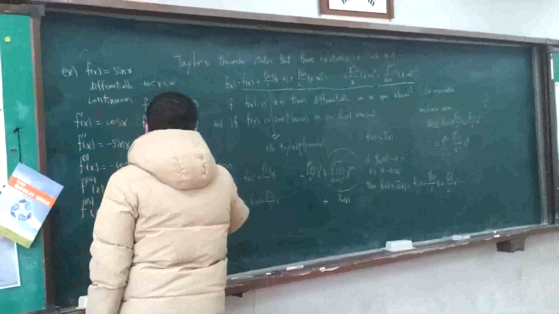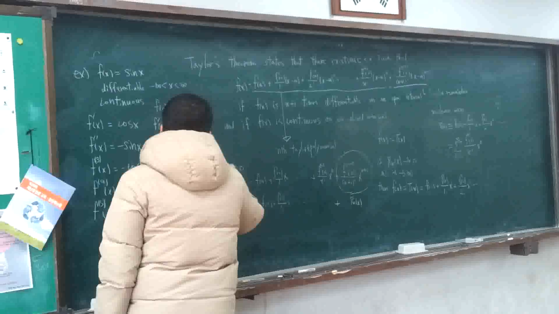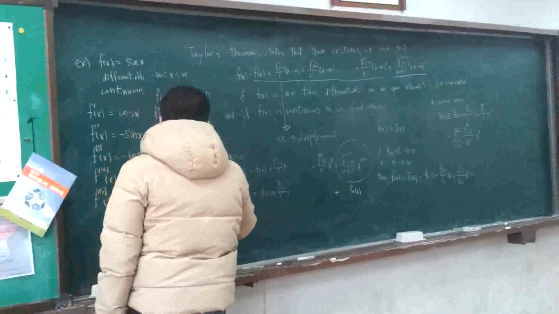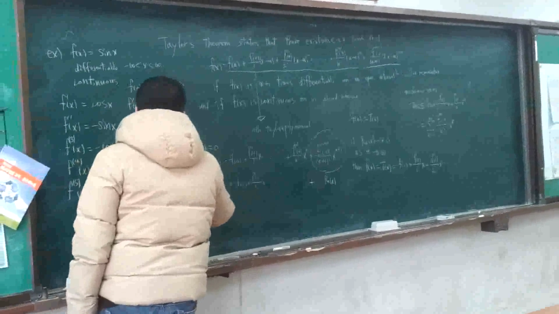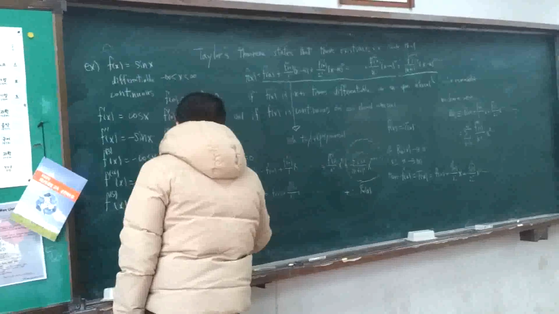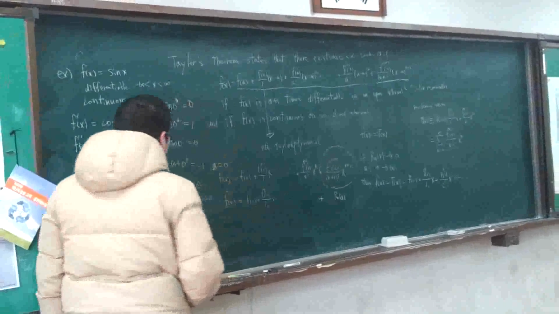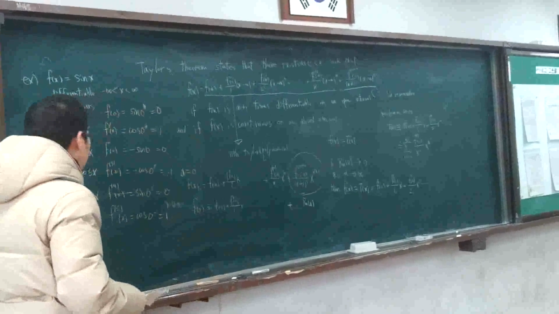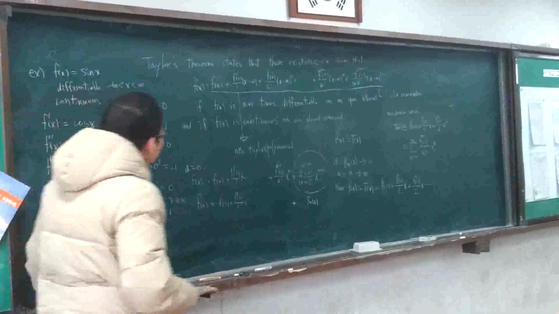Then minus cosine 0, so minus 1. We can do it as much as we want, but I will stop here.